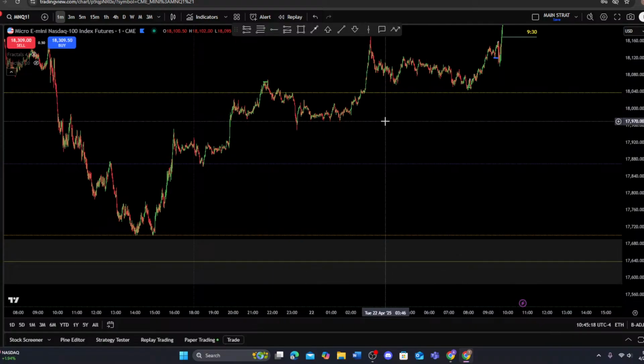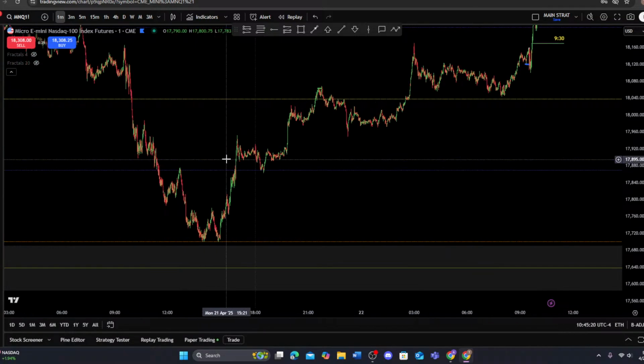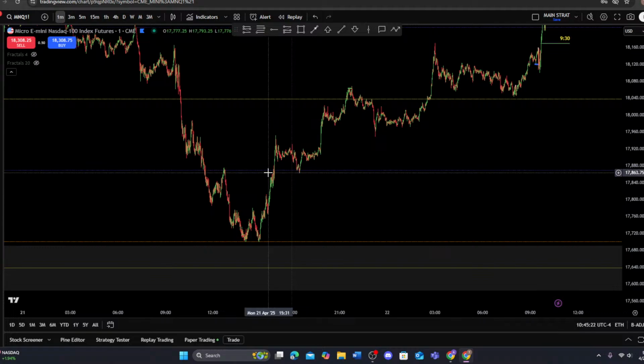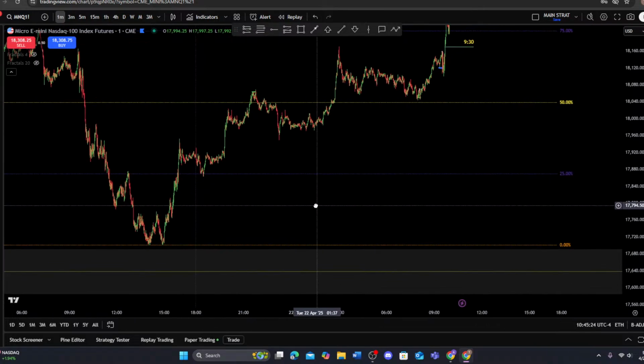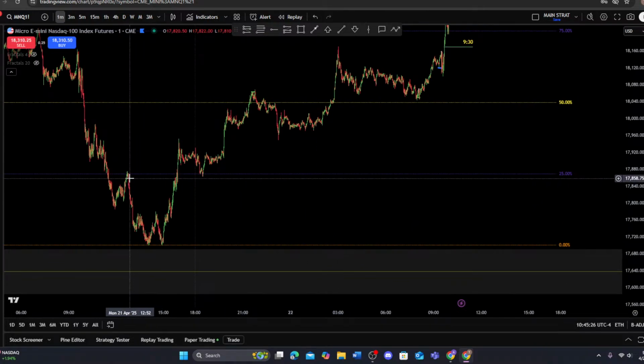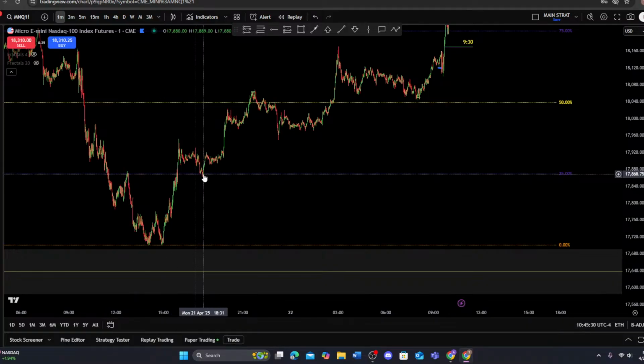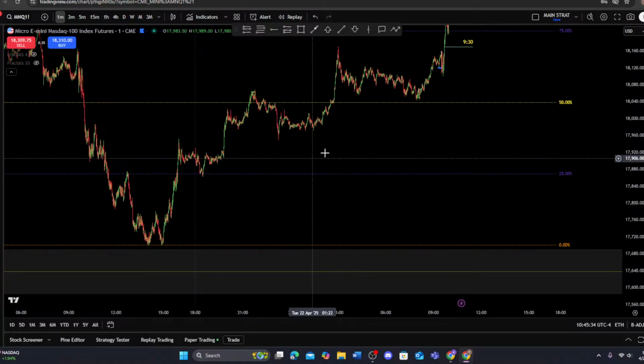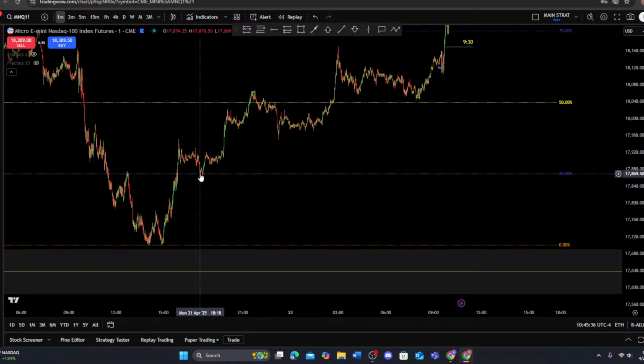Resistance turned support. It's interesting because, for example, right up here the 25% kind of marked it out, and then right here is the 25% of yesterday's range. So I need to invert this. This is supposed to be the 75.